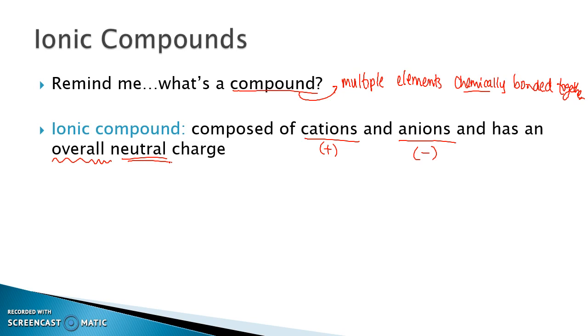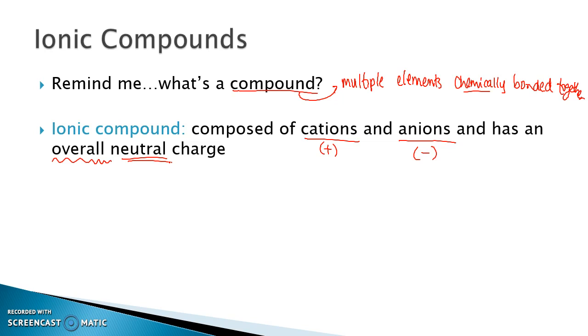That means there's no charge overall. So the positives have to cancel out the negatives. If you have 3 positive charges, you have to have 3 negative charges to cancel that out. That's going to be really important, so remember that.